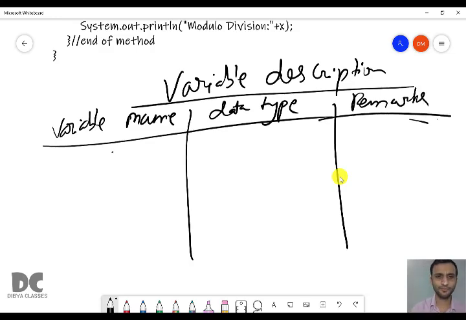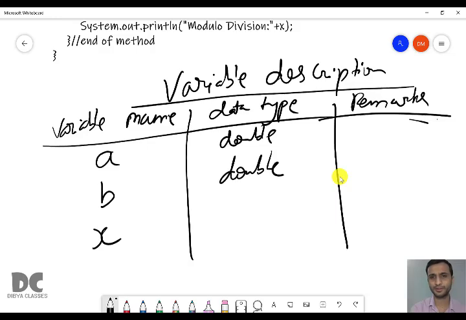The variable names we have used are A, B and X, and all are double, double, double and double.